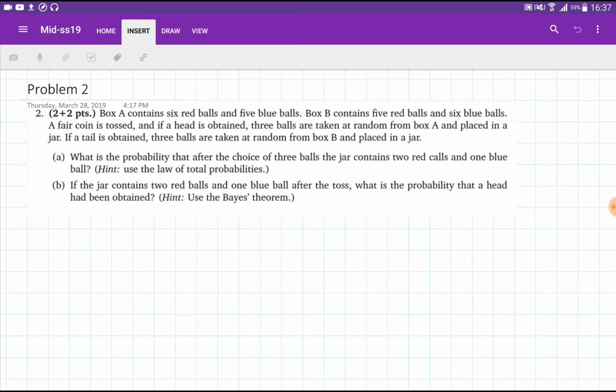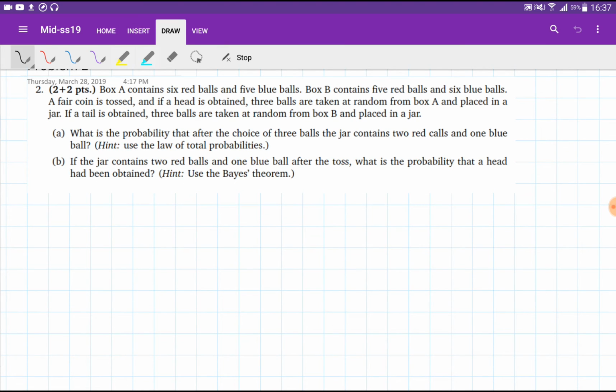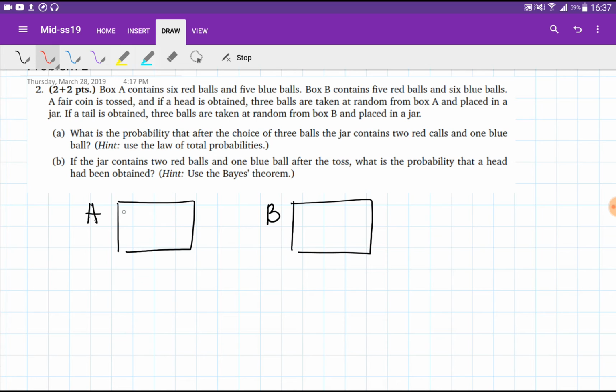Problem number 2. So there are 2 boxes, box A and box B. The first box contains 6 red balls. The second box contains 5 red balls. The first box contains 5 blue balls, and the second box contains 6 blue balls.